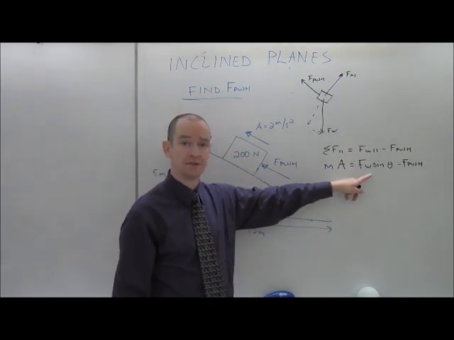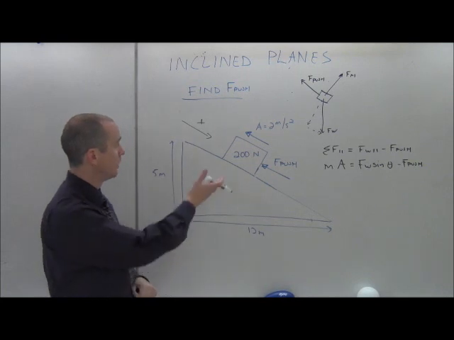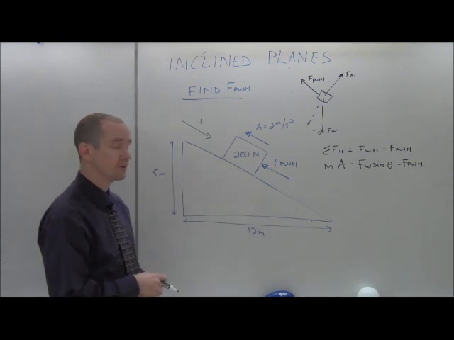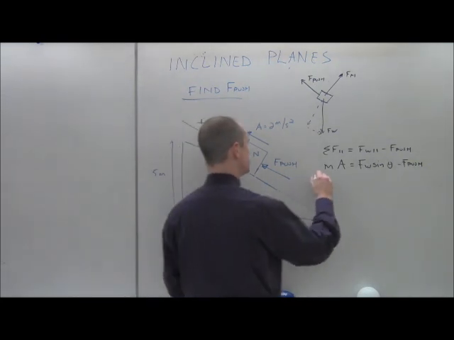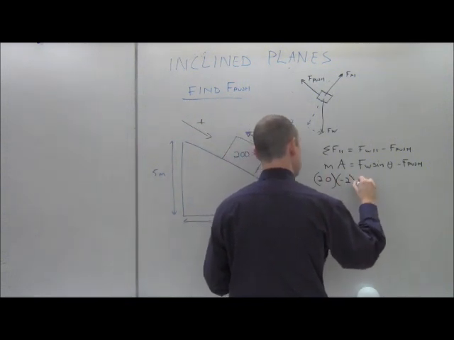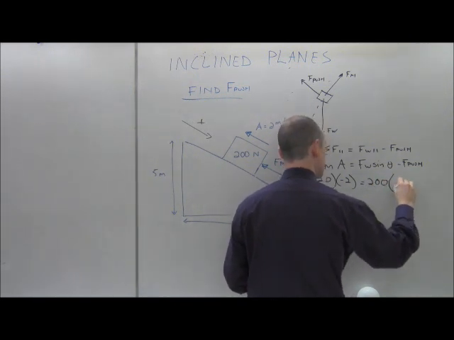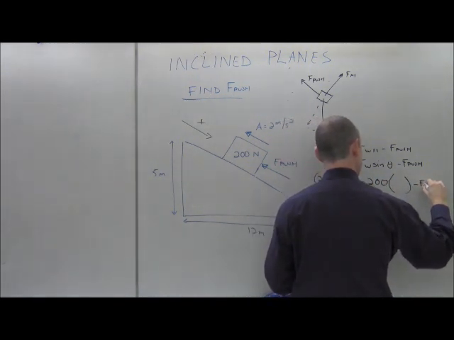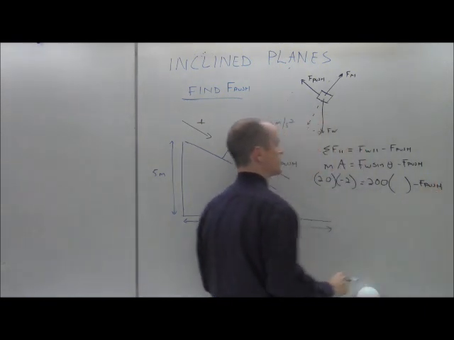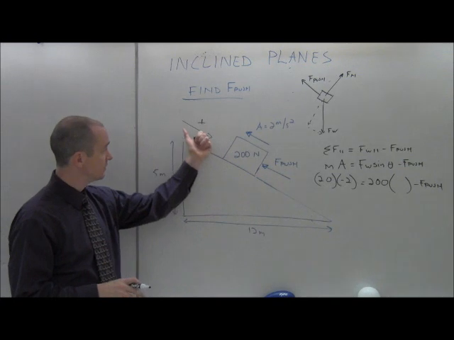Force of weight parallel is Fw sine theta minus the force of push. All right, now I need to start plugging some values in. Let's see what we have. A is -2 because it's in the negative direction.